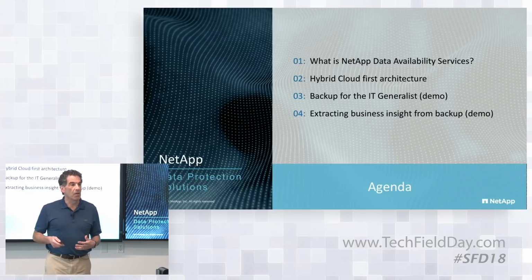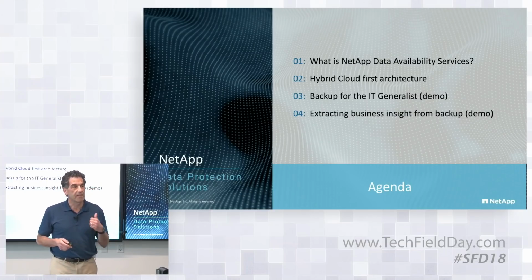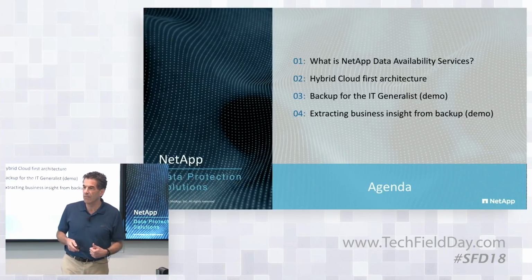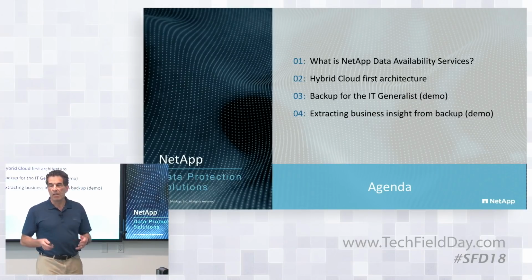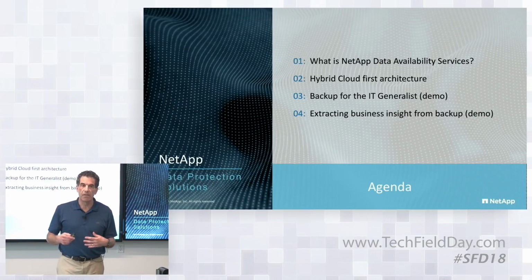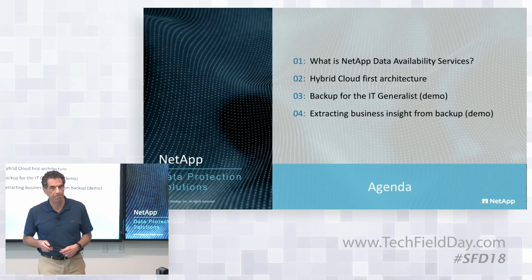And she'll give you a demo of the product and give you a sense of what we mean by simple, fast business outcomes for the IT generalist. And then we'll follow that. I'll come back up and give you a deeper look into the architecture and how these IT generalists can use NDAS as a portal to gain additional business insight in addition to data protection. Okay?